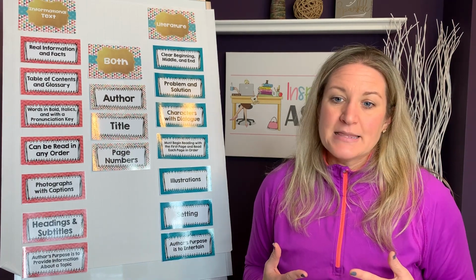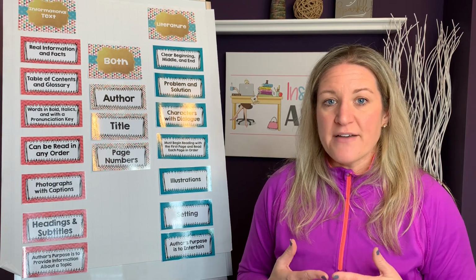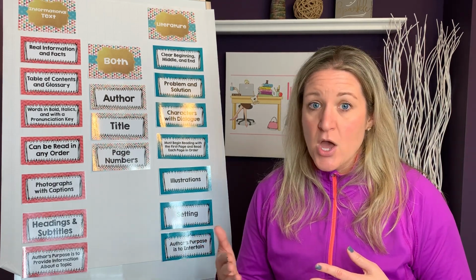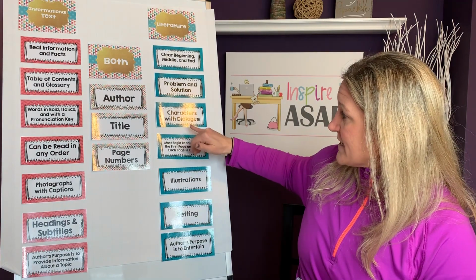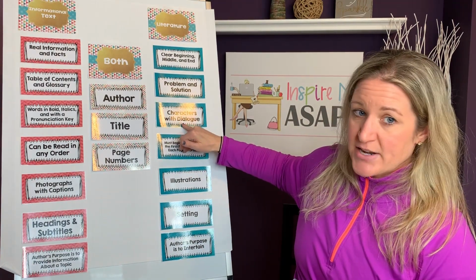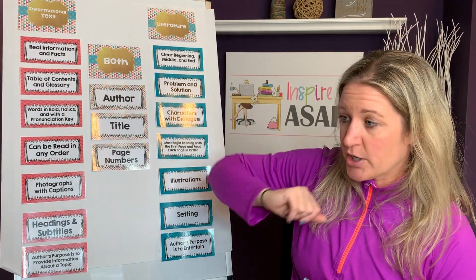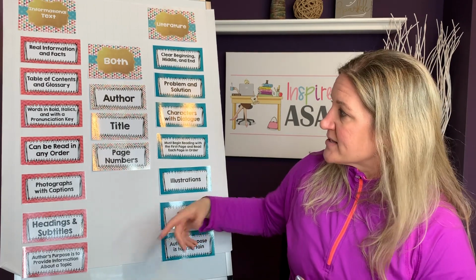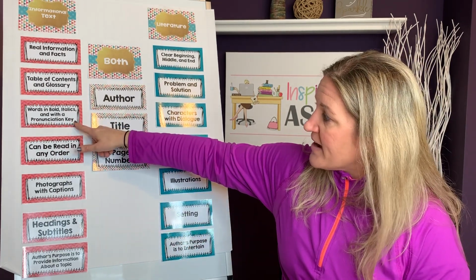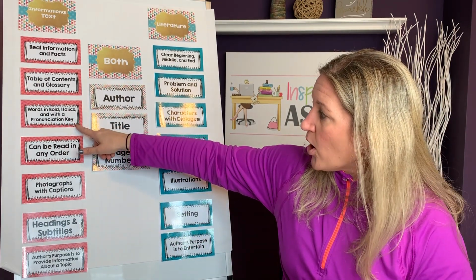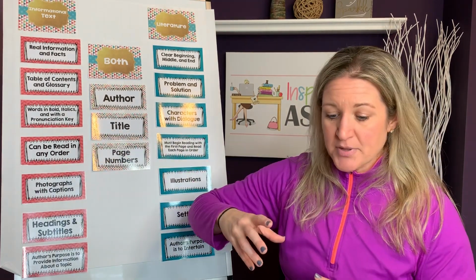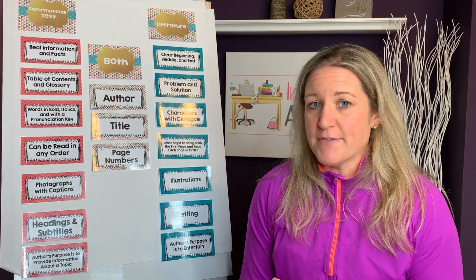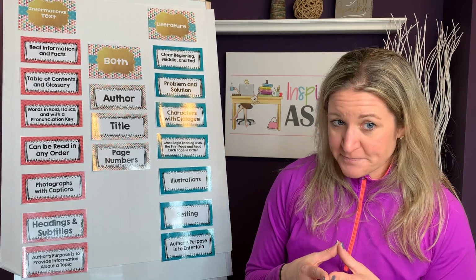So maybe I'm asking them to find evidence to support your thinking. So where can you find me an example of what the character said with dialogue in your book? So citing that evidence. If you're telling me that a nonfiction book has words in bold, can you give me an example of that and write that down as your evidence in your reader's notebook?